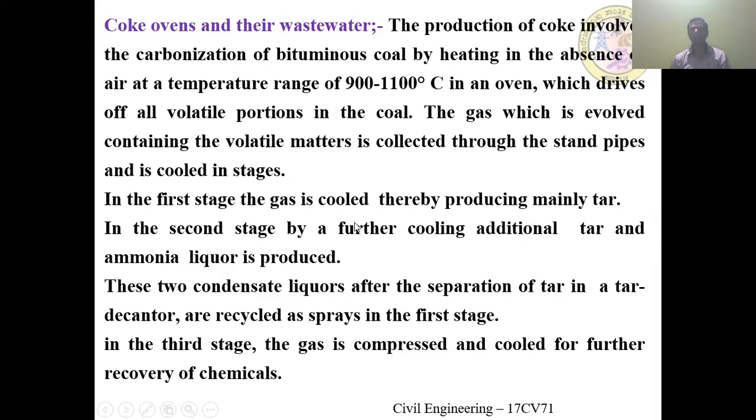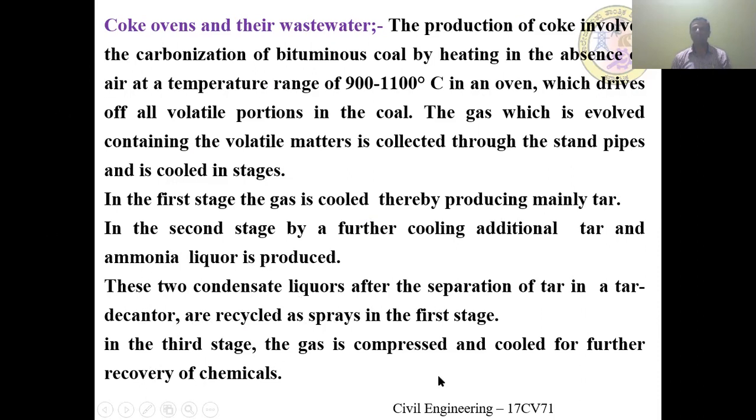In the first stage, the gas is cooled, thereby producing mainly tar. First stage, we're going to get coal tar. The second stage is further cooling, where additional tar and ammonia liquor are produced. These two condensed liquids, after separation of tar in a tar decanter, are recycled as a spray in the first stage.